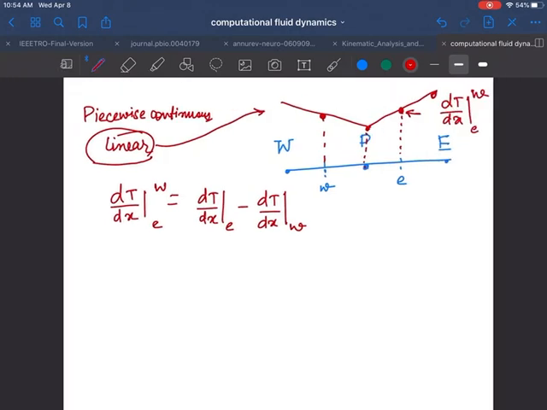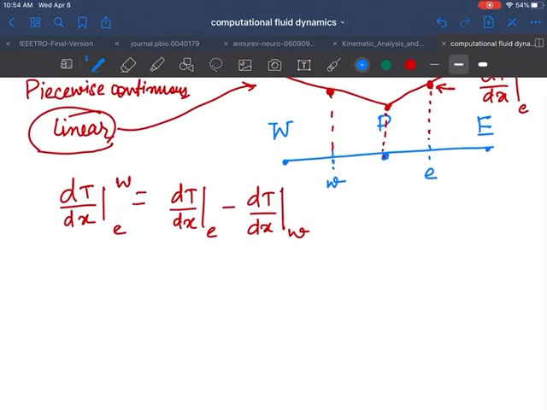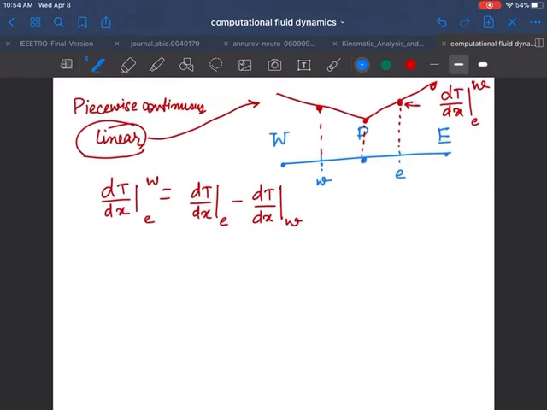Let's write that equation again: K dT by dx from west to east plus S dx is equal to 0.